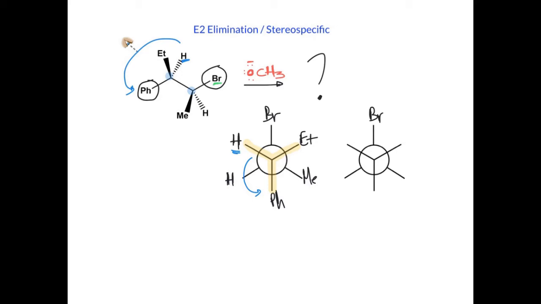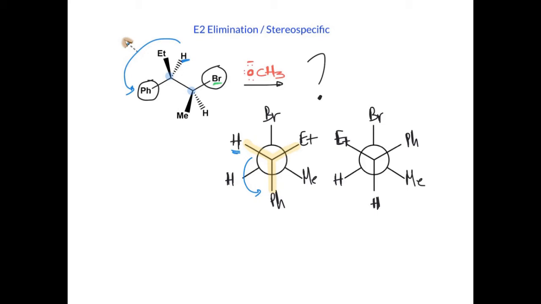the back carbon doesn't change, meaning that bromine, hydrogen and methyl will keep stationary, while we're going to rotate the front carbon, meaning that the hydrogen will come here and we're going to have a phenyl group up to the right and an ethyl group to the left.